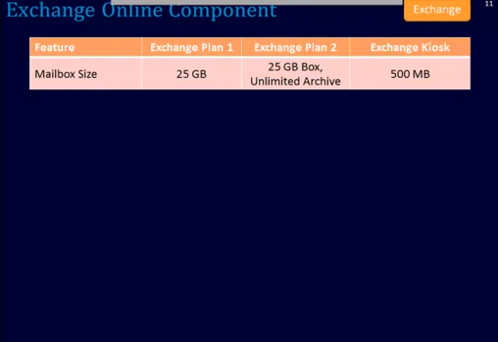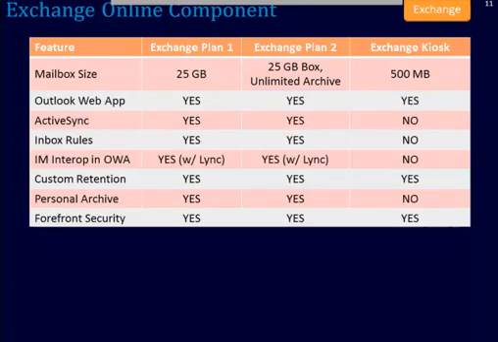But there are a lot of similarities between the plans. Everybody gets Outlook Web App, so everybody gets to run OWA if they want. You'll have Exchange ActiveSync in both Exchange Plan 1 and 2, but not in the kiosk plan. You'll still be able to set inbox rules like you're used to in both Plan 1 and 2.